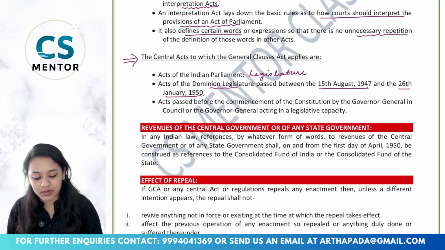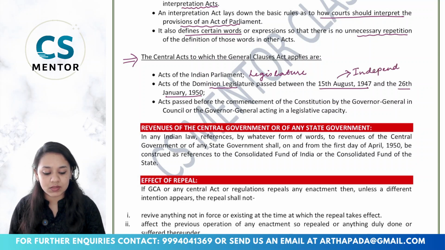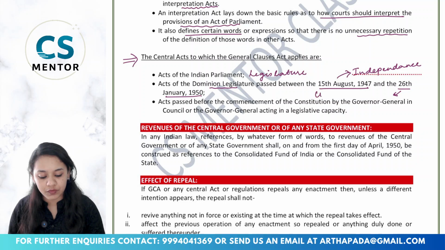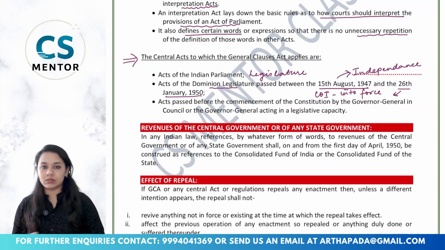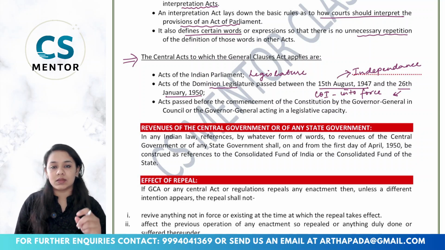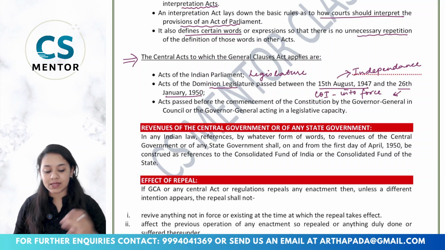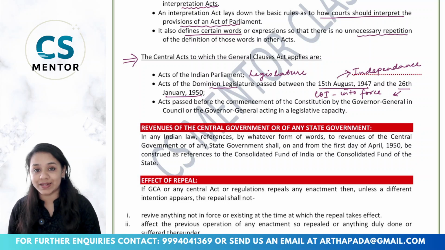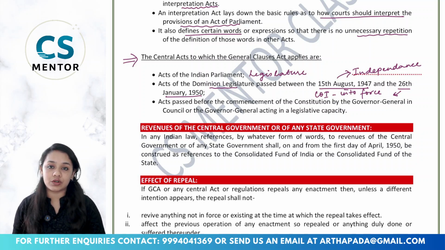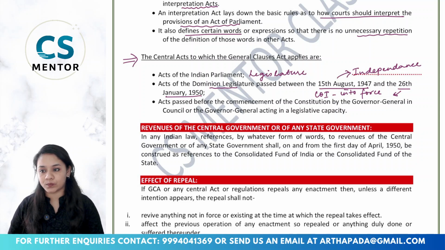These are the dates between our actual independence and the time that the Constitution of India came into force. So during this period of three odd years, if any laws were passed by our Dominion legislature, then the General Clauses Act will apply to that also.